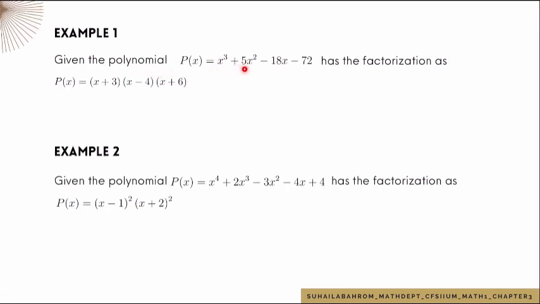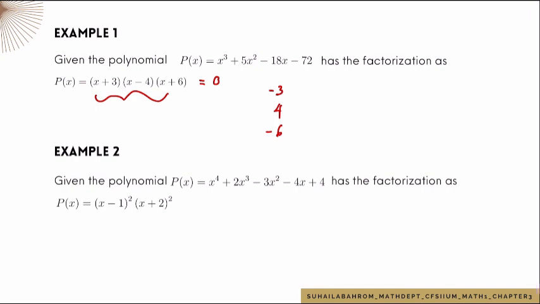Given a polynomial P(x), x cubed plus 5x squared minus 18x minus 72, when we factorize this polynomial, it will become like this. From this polynomial, we can detect there are 3 factors, including 3 zeros. When we equate this polynomial to 0, we will have 3 zeros, which are negative 3, 4 and negative 6.